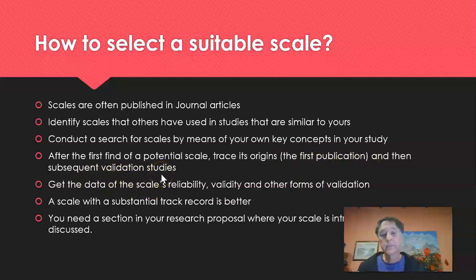Let's say that the first version of your scale, the prescription error identification scale, was published in the 1980s. All right. Very good and nice. But if you find that that scale has been validated and revalidated and changed and improved over time, it becomes valuable to go to the latest version of the scale and use that.